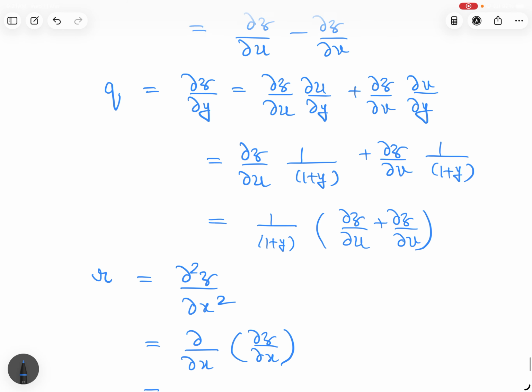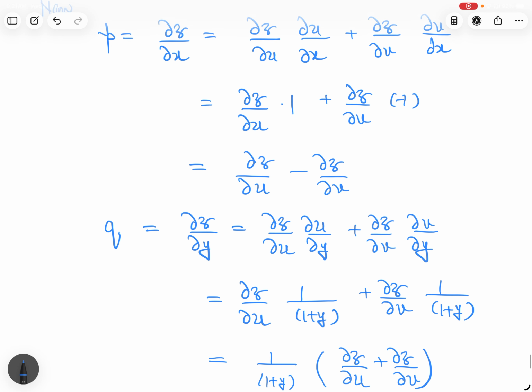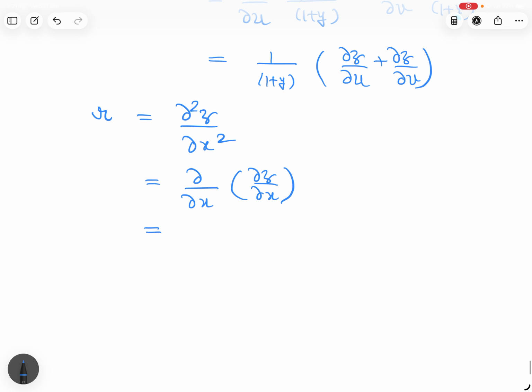So what is the value I have calculated for del z upon del x? What value have I calculated? I have calculated this, and I am putting the value of this. This is the value of p.